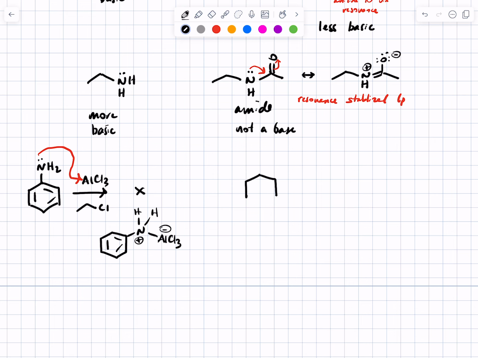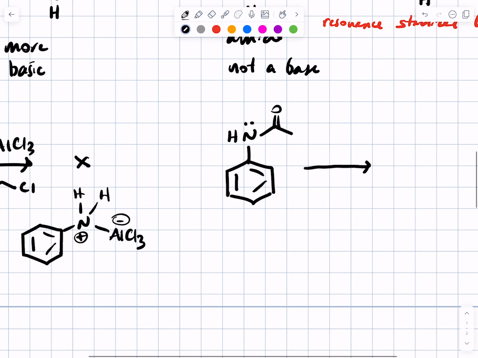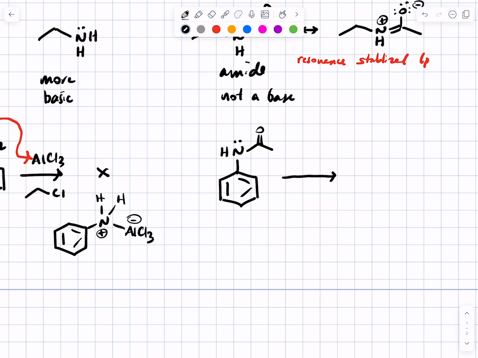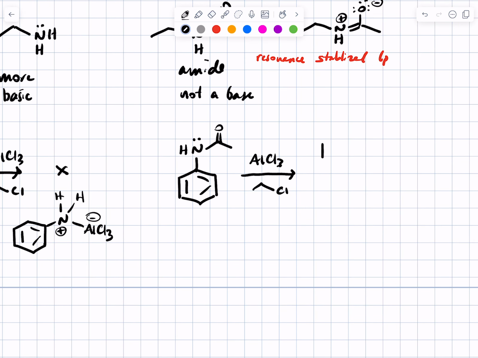However, if you first convert the aniline into the corresponding amide, resonance delocalization with the adjacent carbonyl group lowers the energy of those lone pairs to the point that the competing reaction with the aluminum doesn't occur, and the Friedel-Crafts reaction proceeds as normal.